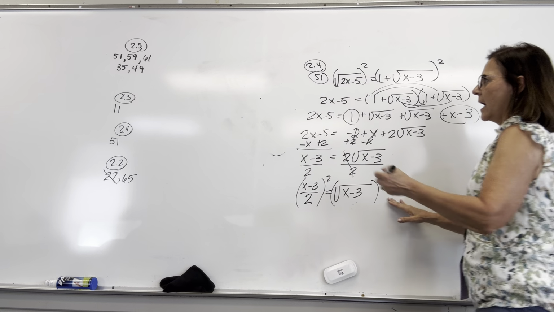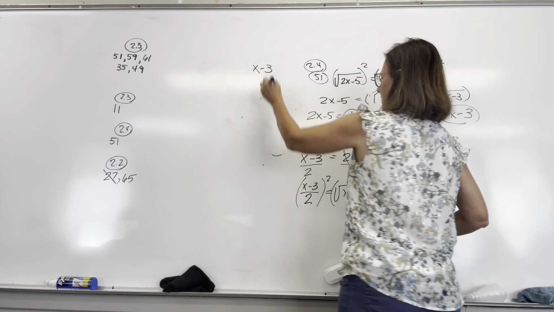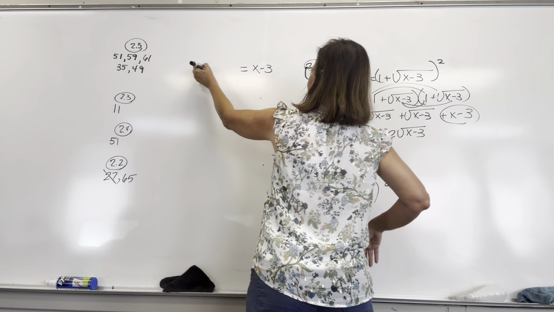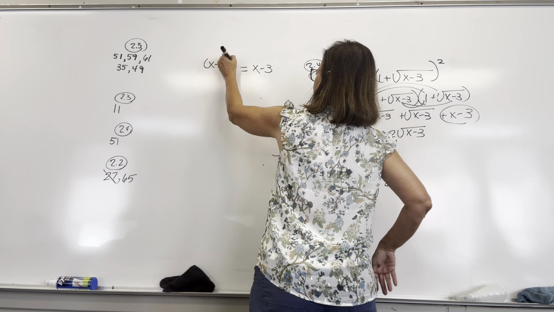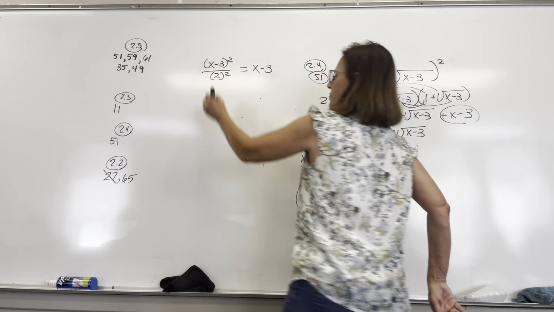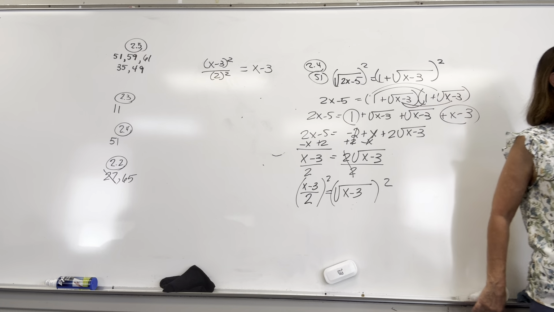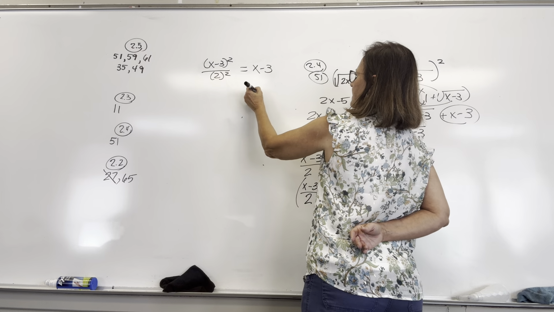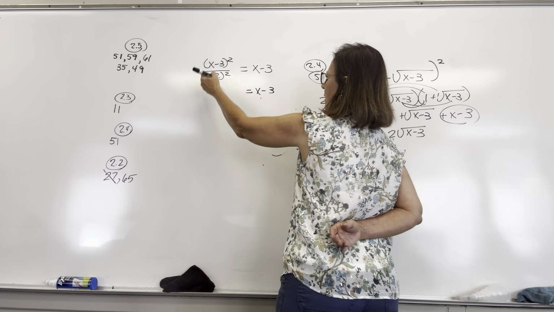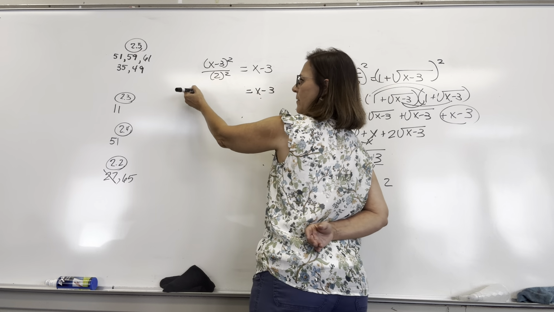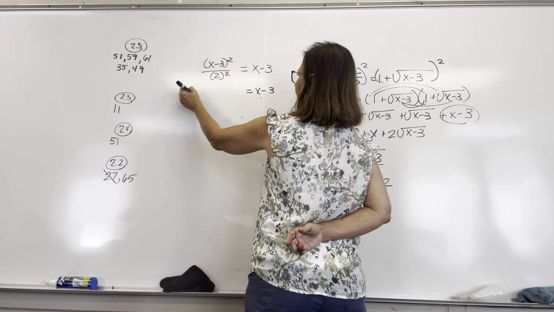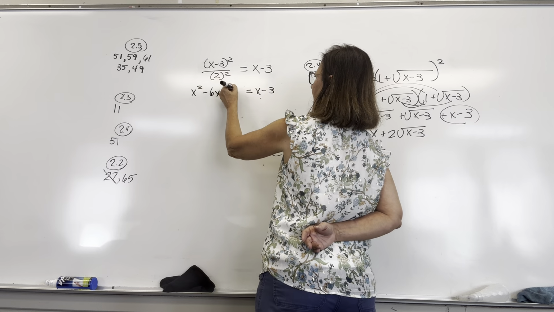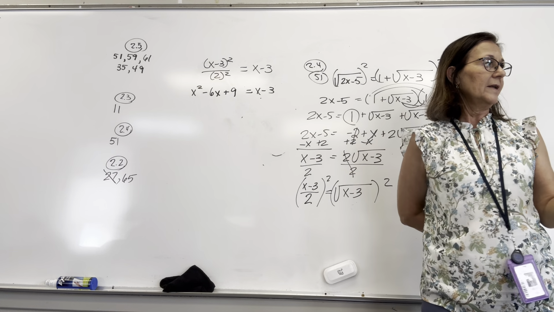On the right-hand side, I'm just left with x minus 3. But look, this is the same thing on the left-hand side as x minus 3 squared over 2 squared. All right? So that's x minus 3 equals, we're going to square that. I'm going to square it without writing it. x squared minus 6x plus 9. That's x minus 3 times x minus 3.